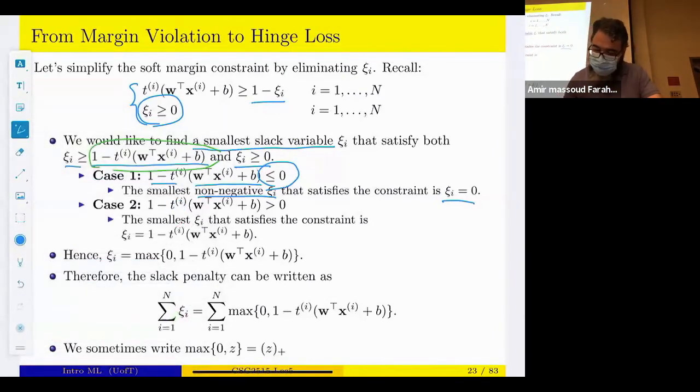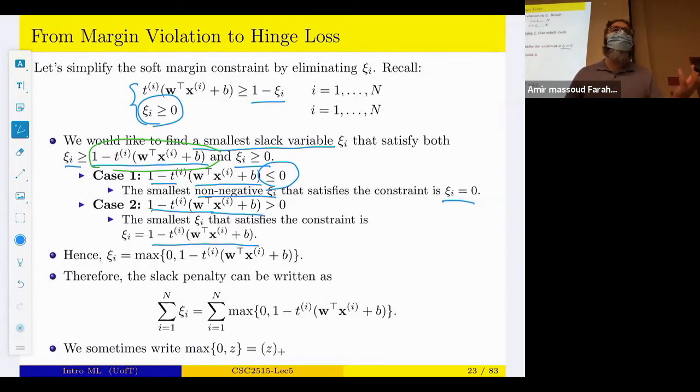The other case is that if 1 minus Ti times W transpose X plus B is some positive value, then the smallest Ci that satisfies the constraint is exactly 1 minus Ti times W transpose X plus B. So depending on the case, Ci is either 0 or some positive value.